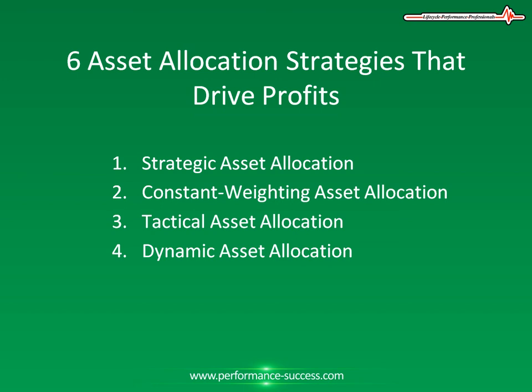The next is insured asset allocation. With an insured asset allocation strategy, you establish a base portfolio value under which the portfolio should not be allowed to drop. As long as the portfolio achieves a return above its base, you exercise active management to try to increase the portfolio value as much as possible.